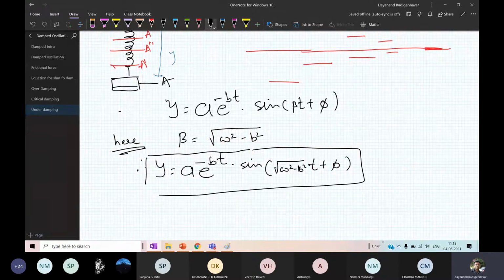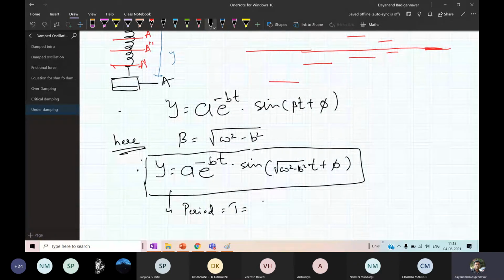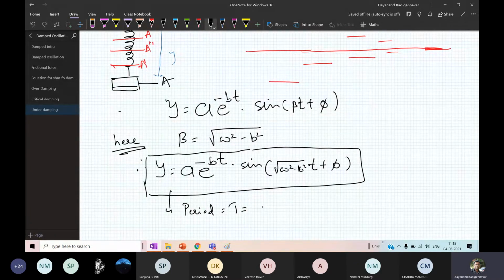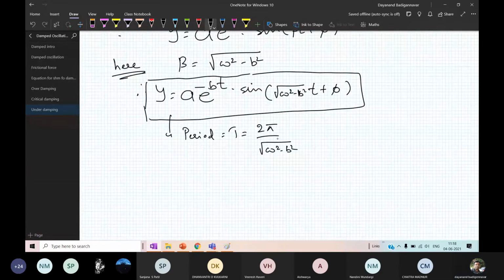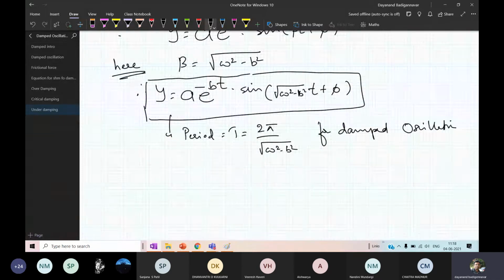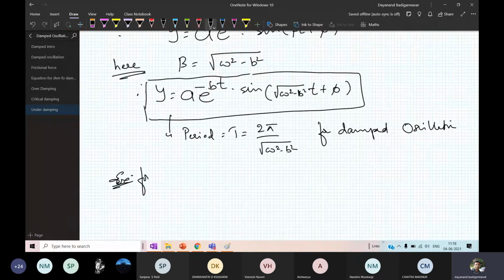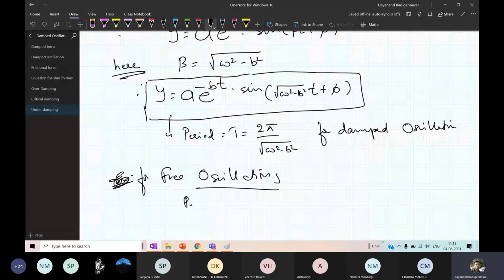Now this has a period T equal to 2 pi divided by root of omega square minus b square. This is the value of the time period for damped oscillations, keep in mind. For reference, I will write the time period for free oscillations, T is equal to 2 pi by omega.